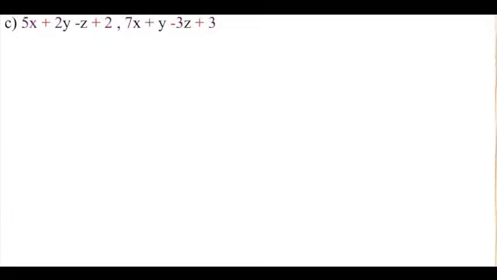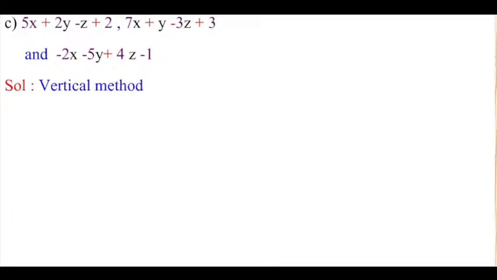C, 5x plus 2y minus z plus 2, 7x plus y minus 3z plus 3, and negative 2x minus 5y plus 4z minus 1.